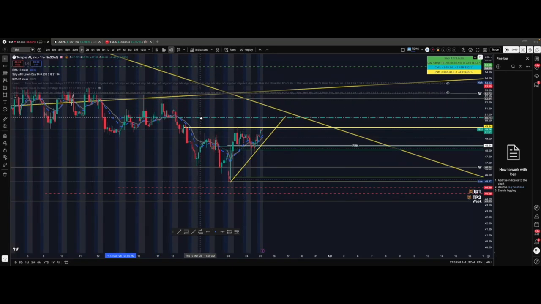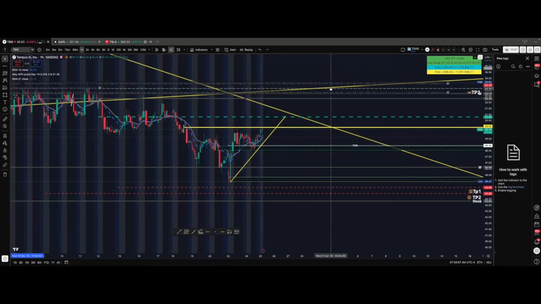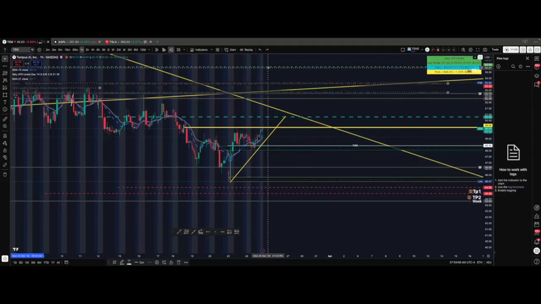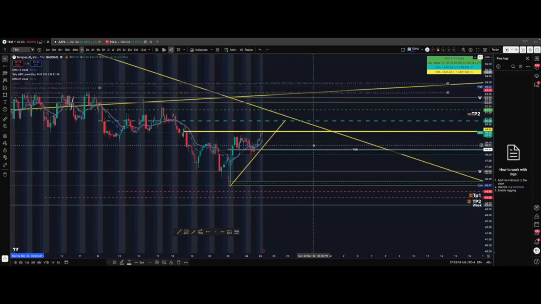I will put my first take profit around here at 50.80, and my TP2, grab that guy, and that would be my TP2 right there.